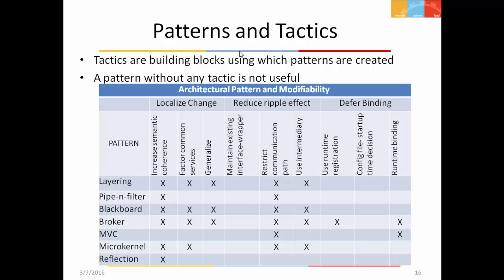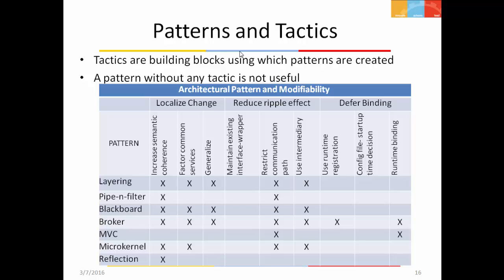In modifiability, there are different tactics like increase semantic coherence, factor common services, generalize, maintain existing interface, wrapper, restrict communication path, use intermediaries, use runtime registration, then defer binding and runtime binding. So let's look at these patterns and see how they influence these tactics.